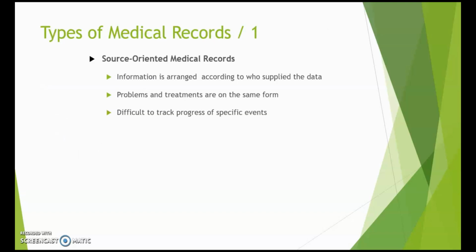Now, there are different types of medical records, and we mentioned this before. Source-oriented medical records: information is arranged according to who supplied the data. Problems and treatment are in the same form, and it's difficult to track progress of specific events.